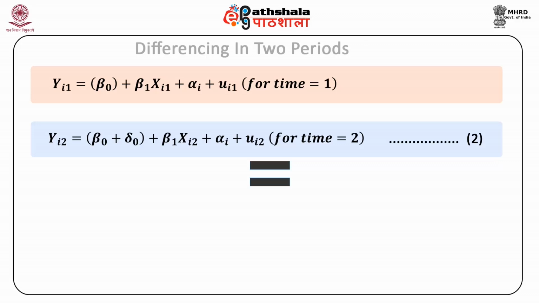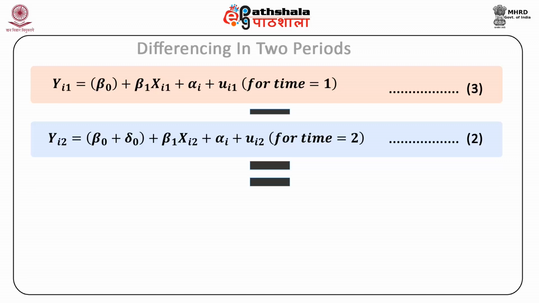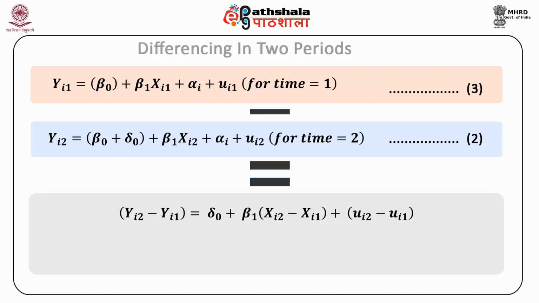This is our equation 3. Now subtracting 3 from 2, we get y_i2 minus y_i1 is equal to delta 0 plus beta 1 times x_i2 minus x_i1 plus u_i2 minus u_i1.